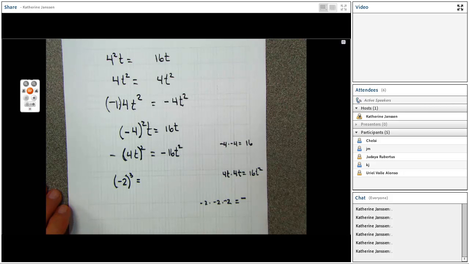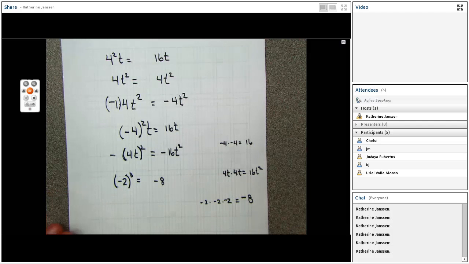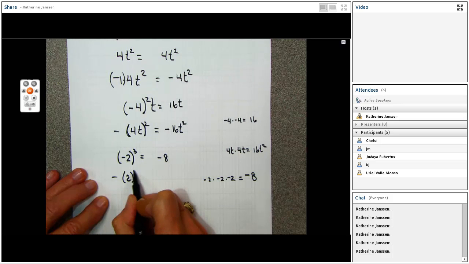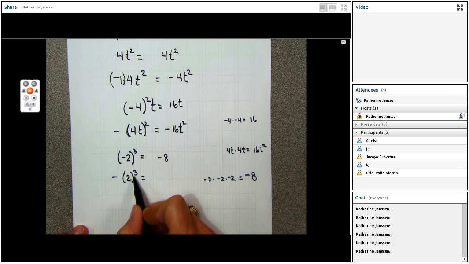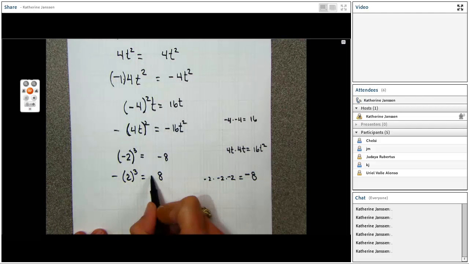So I know the sign. And 2 times 2 is 4 times 2 would be 8 for a -8. The opposite of 2 cubed. Well, I have a clue. 2 is my base. I have a positive base. 2 times 2 times 2 is 8. But I need its opposite.